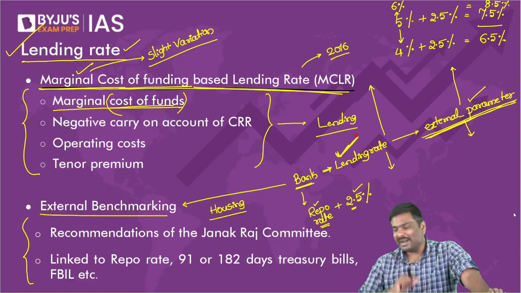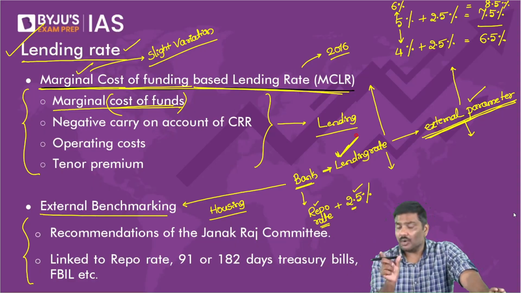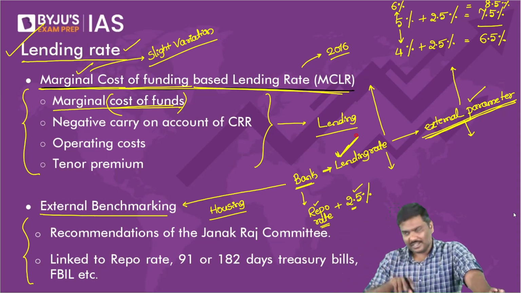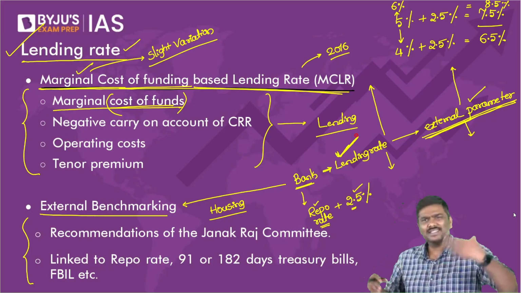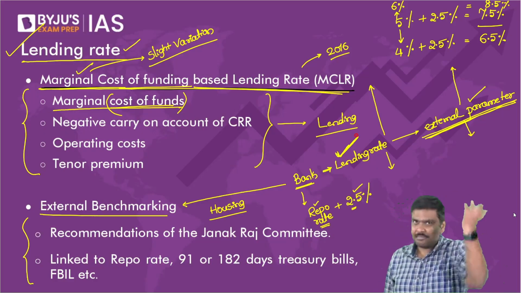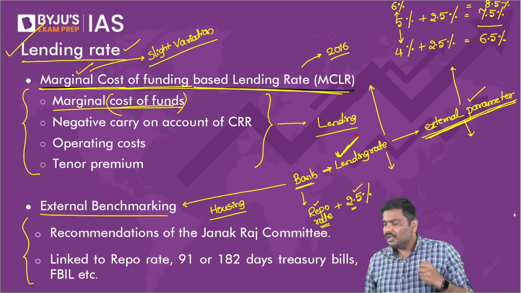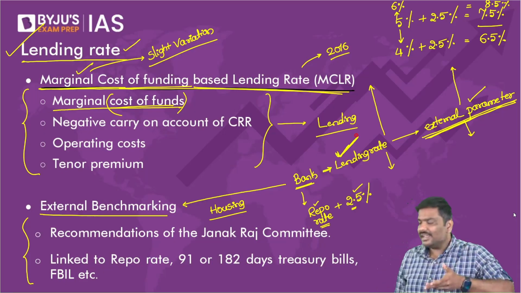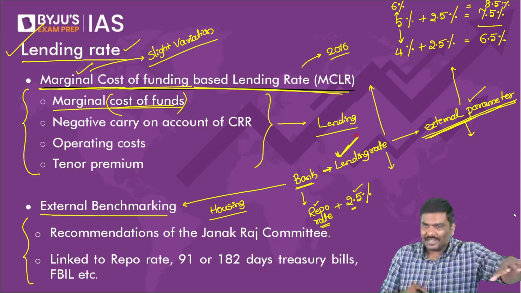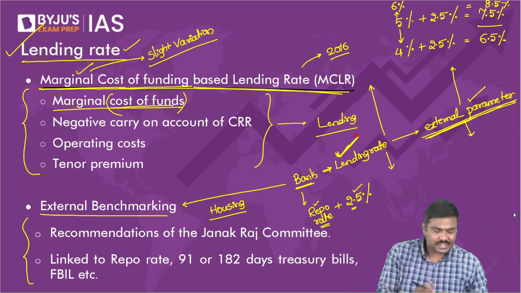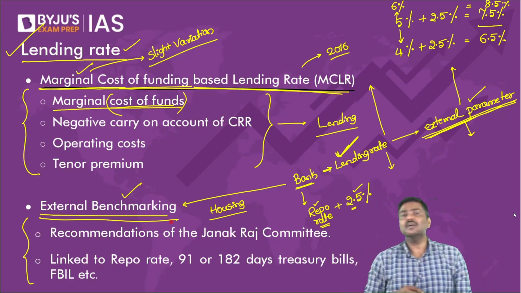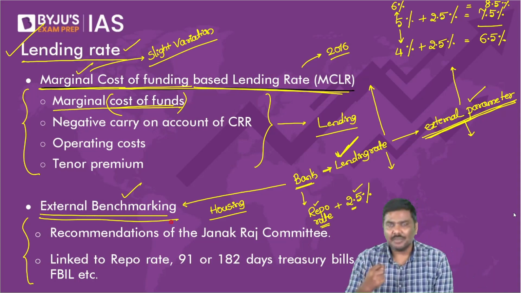And don't you think this new system is fair to both customers as well as the banks? Because when the repo rate starts increasing, the bank will increase its lending rate. And when the repo rate decreases, the bank will transfer the benefit to the customer. So it is fair to both lenders as well as borrowers. This system is called external benchmarking.